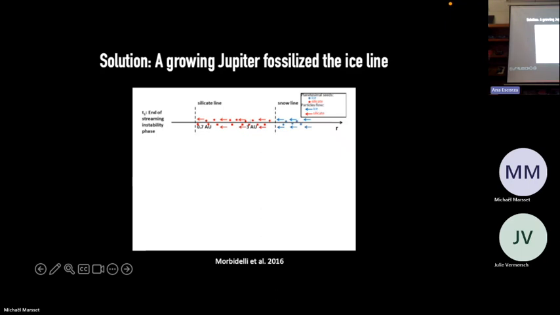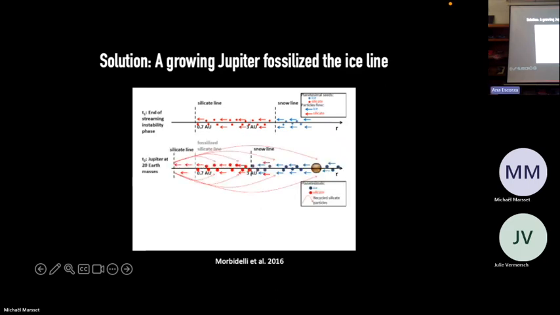And all of this will migrate inward. As the solar nebula cools down, the location of the snow line gets closer and closer to the sun, and so these objects that were initially dry can accrete icy particles. But this happens until Jupiter reaches a critical mass, somewhere between 20 and 50 Earth masses.